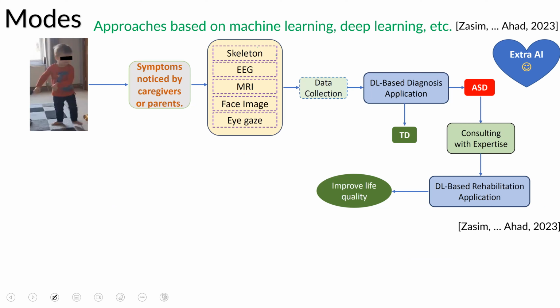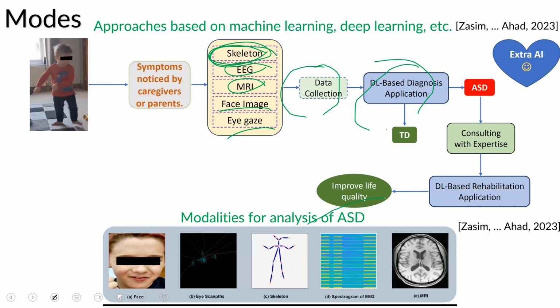We showed that robot enhanced therapy is one way, or we can use skeleton, or we can collect the EEG data or MRI of the brain, which is much better, and face image or eye gaze, head movement, and then after the data collection, we go for deep learning based methods to understand, so that we can find ways to improve the quality. So this is extra.